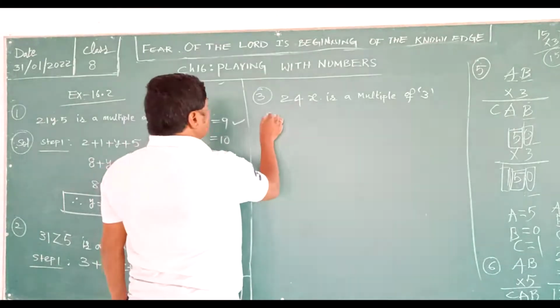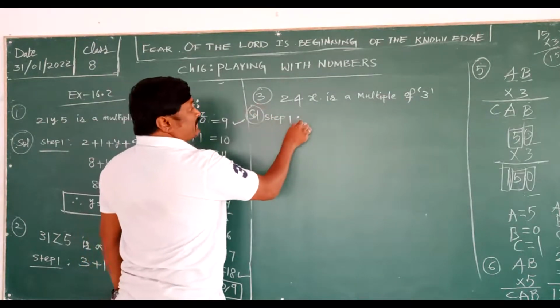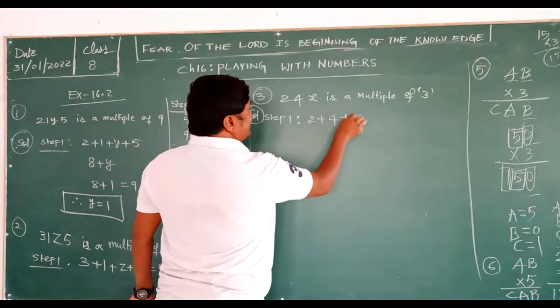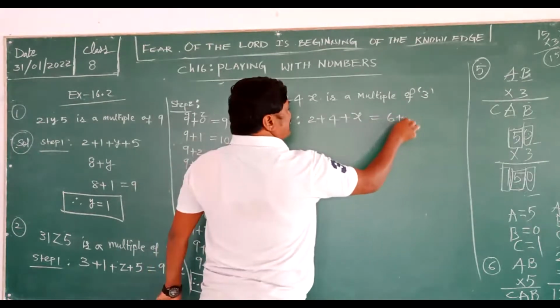Very simple one. Step 1, here solution. In that step 1 is 2 plus 4 plus x is equal to 4 plus 2 is 6, 6 plus x.